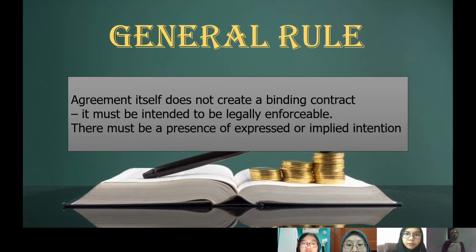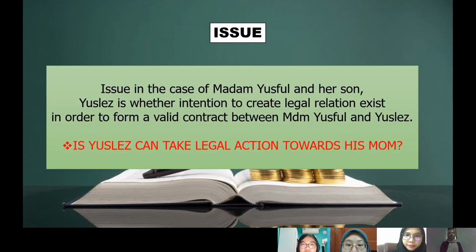There must be a presence of express or implied intention. So the issue in the case of Madam Useful and her son Useless is whether intention to create legal relations exists in order to form a valid contract between Madam Useful and Useless. So let's move to the next presenter for further information.